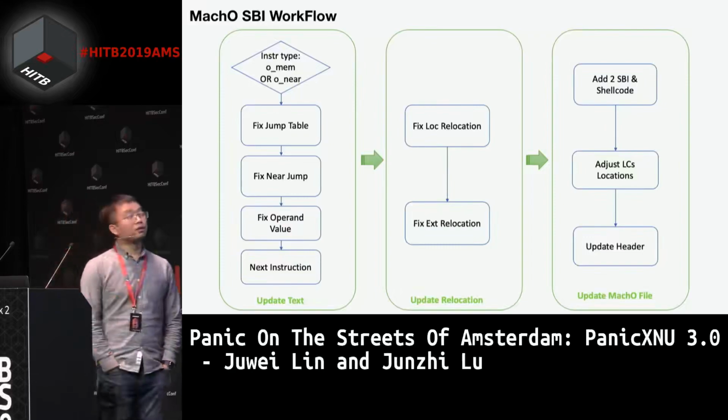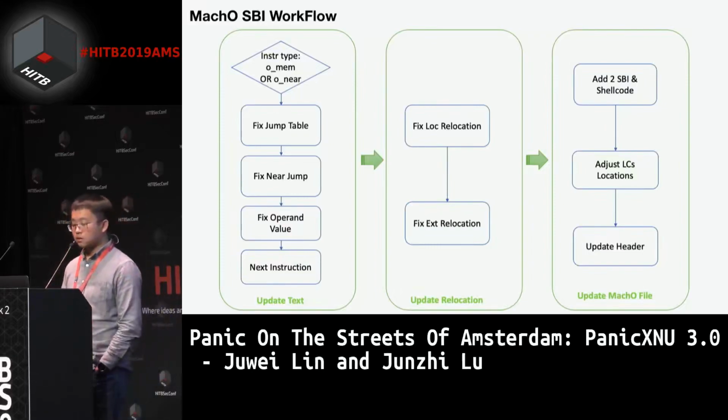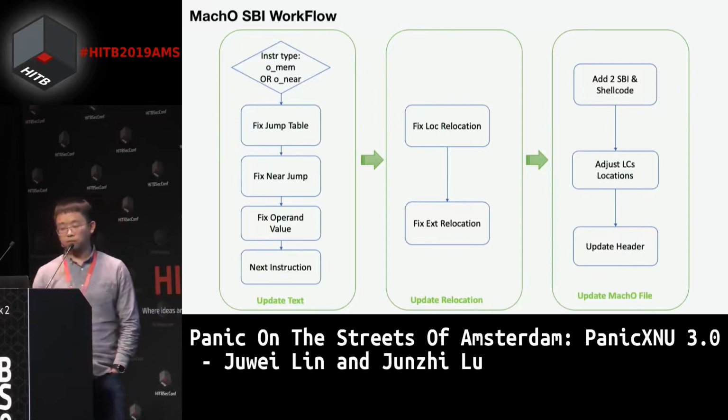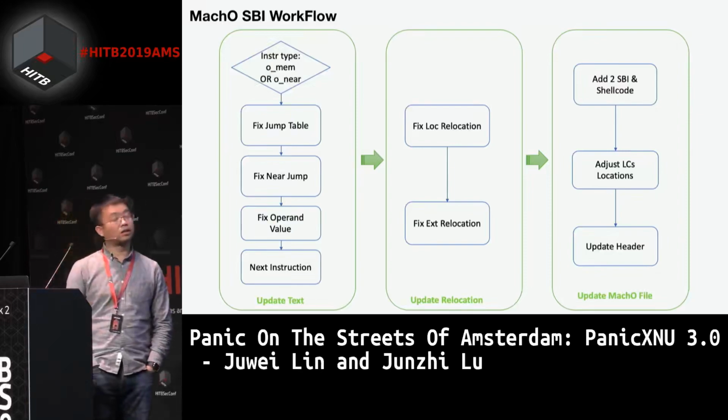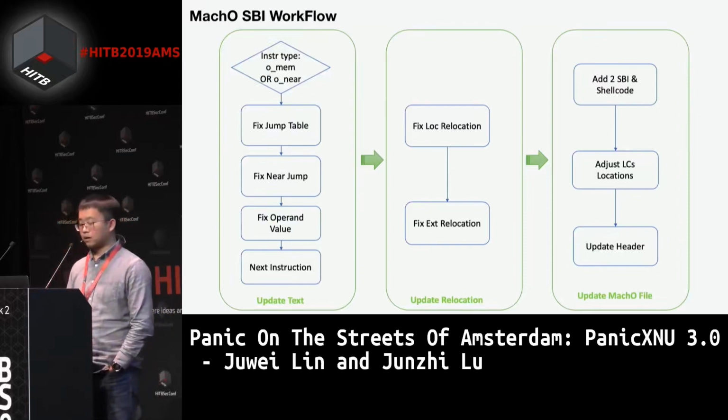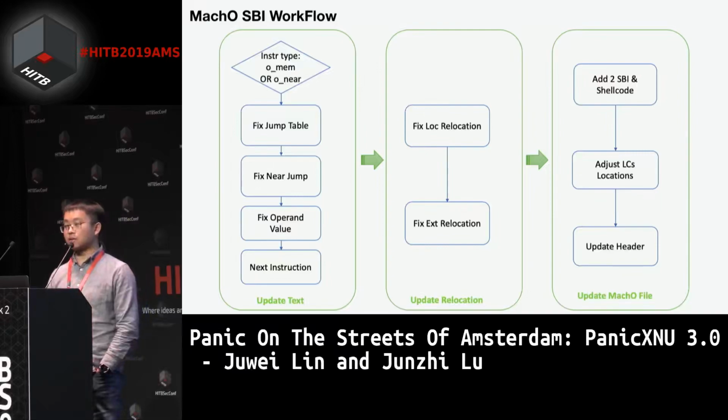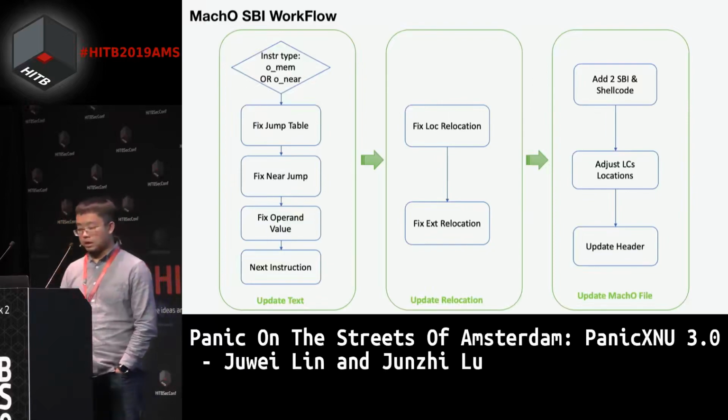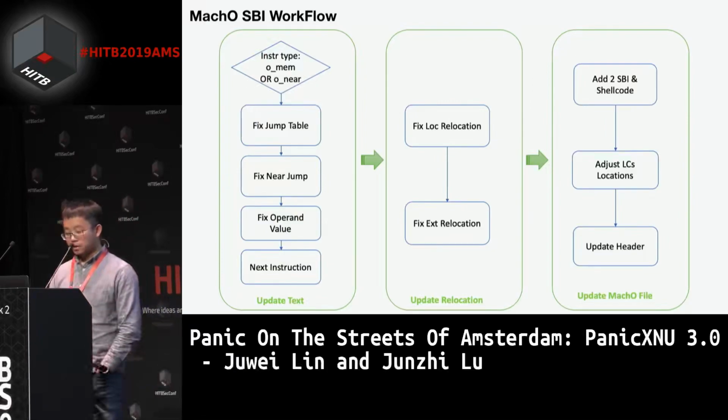So let me introduce the details about how to do the SBI for the kernel Mach-O files. There are three parts. First, you must update the text section. Second, you must update the relocation. And third, you must update the Mach-O file structure. I think the first one is the most important.